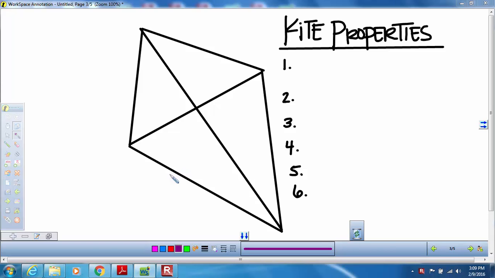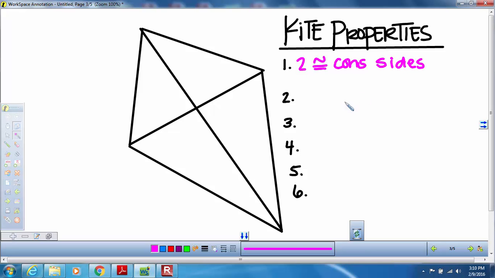The definition of a kite is a quadrilateral with exactly 2 pairs of congruent consecutive sides. So our first property we're going to talk about is the fact that there are 2 congruent consecutive sides.